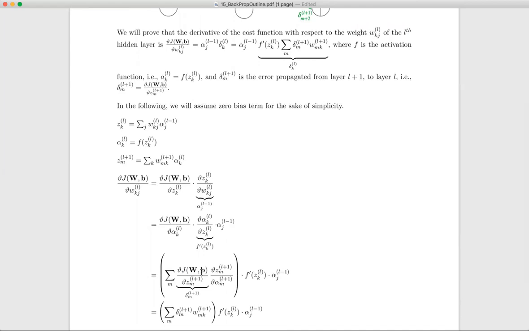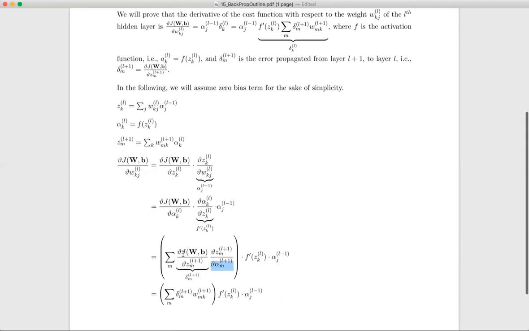Again, for each of these terms of this sum, we have the first order derivative of J with respect to z of m multiplied by the first order derivative of z of m with respect to alpha, which was our initial variable.